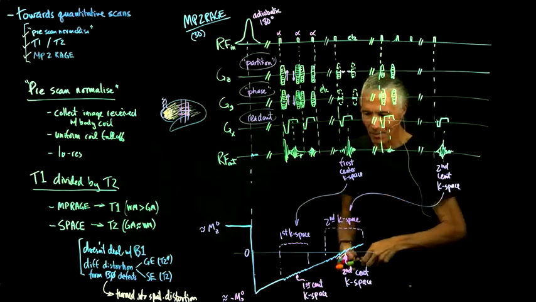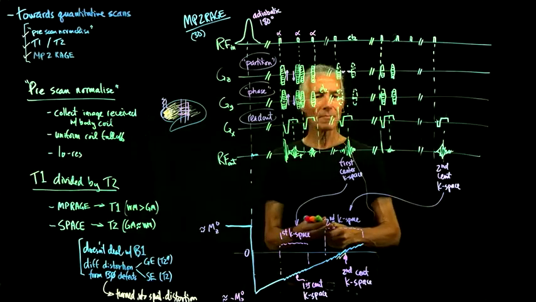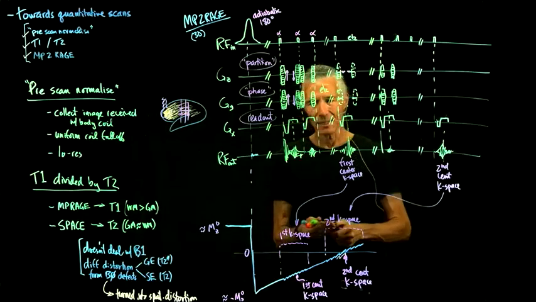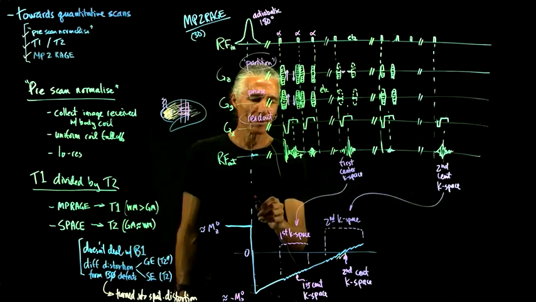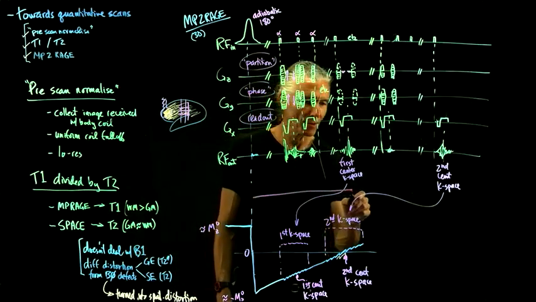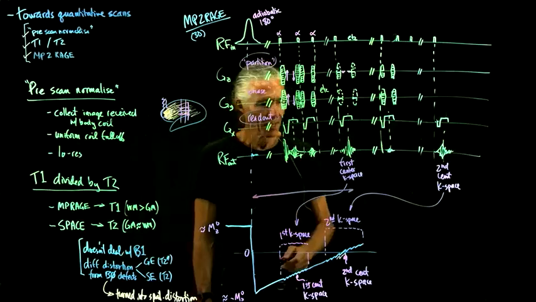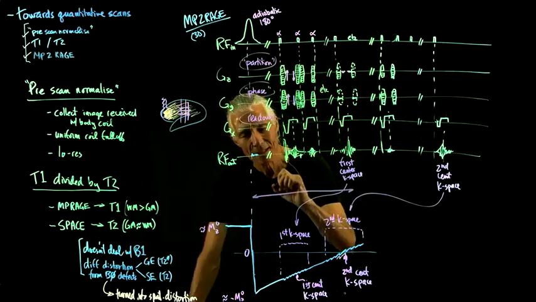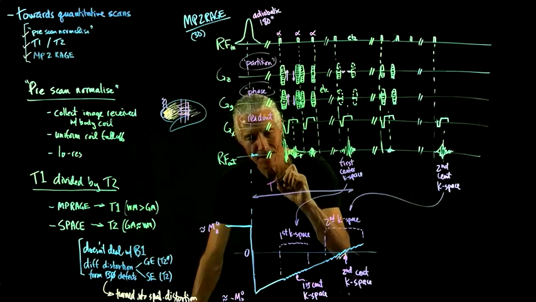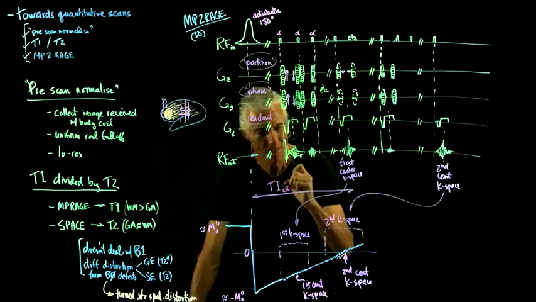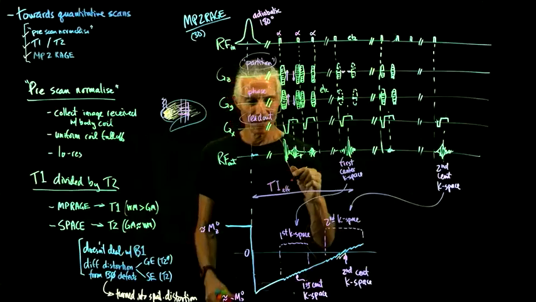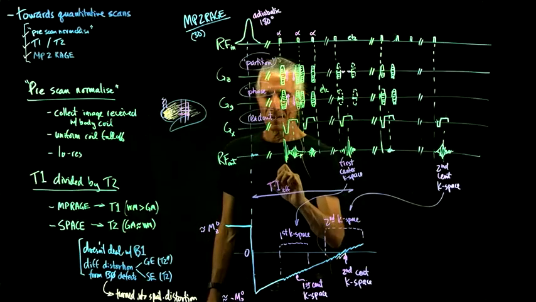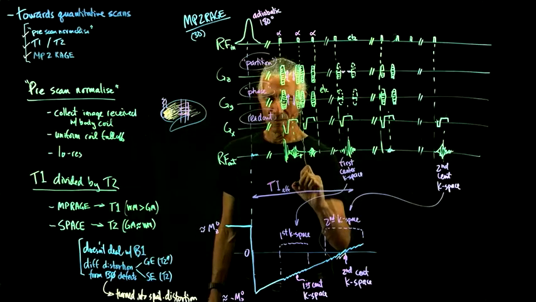So basically now we have two complete k-spaces with two different inversion times. There's going to be one inversion time here, TI effective, because remember, all of these have different inversions, but just the center of k-space inversion is TI effective 1.